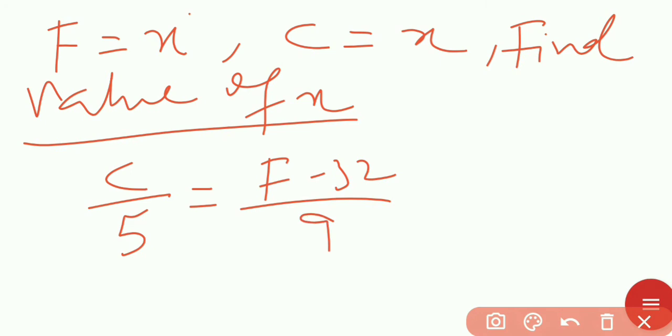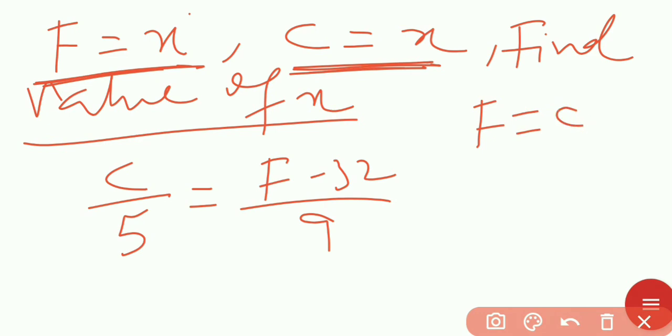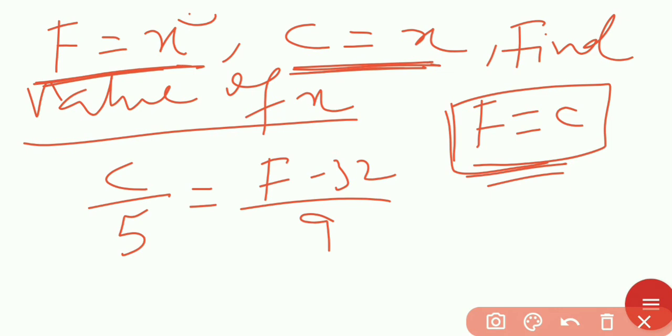Here look at this, Fahrenheit scale is X, Celsius scale is also X. It means Fahrenheit and Celsius scale both are the same, X and X.